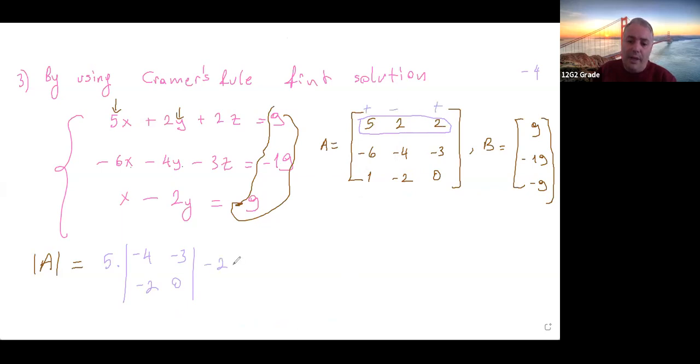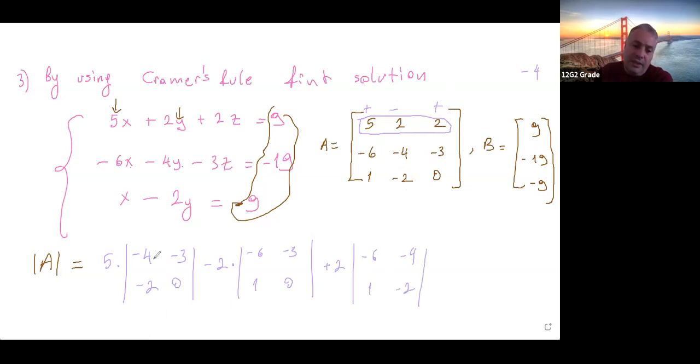So -2 times, close this one and close this one. So when I close, -6, -3, and 1 and 0, am I right? Yeah, that's correct. Plus 2 times, so when I close the last column and this, -6, -4, 1 and -2.